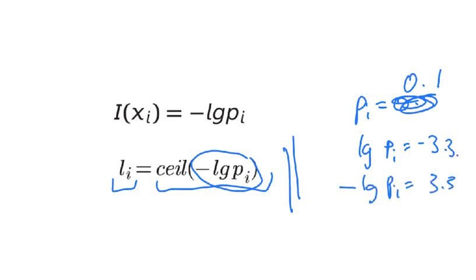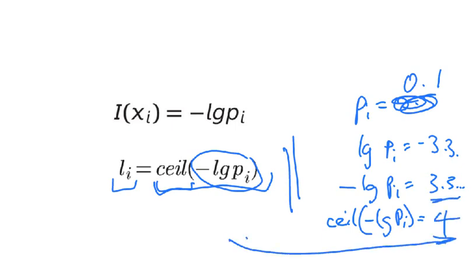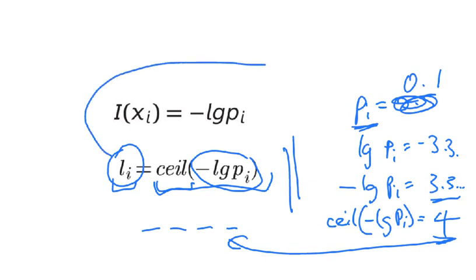When you take the ceiling of this, when you round this up, you'll get 4, and 4 is the number of bits that you need, 1, 2, 3, 4, in order to represent this particular probability. So this is the Li value, and in the textbook, they call this Shannon length.